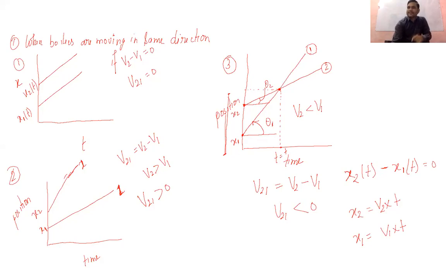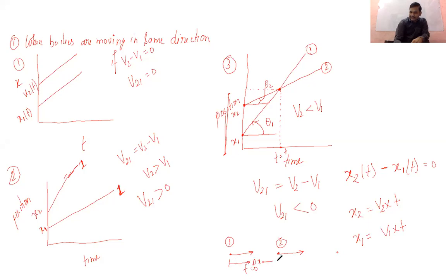Okay, let's take the example in another way. Let's say these are the cases. This was the first person and this was the second person, at time t equal to 0. Then there was a certain distance, let's say delta x.